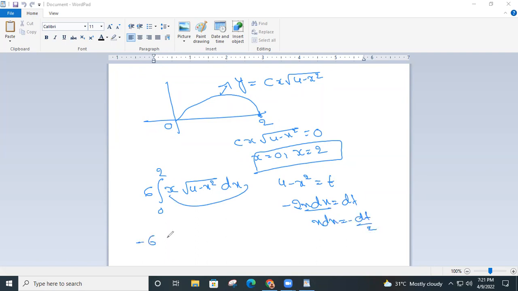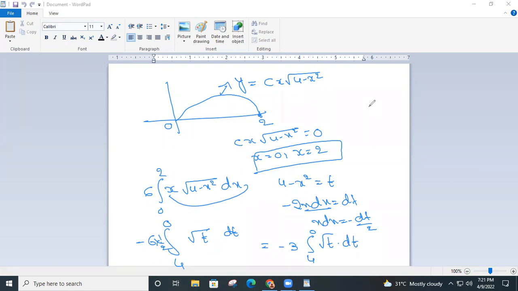So 6 into minus 1 by 2 into dt, this is root t. If I take the limits, when x is equal to 0, t is 4, and when x is equal to 2, t is 0. So my function becomes minus 3 integral of 4 to 0 root t dt.